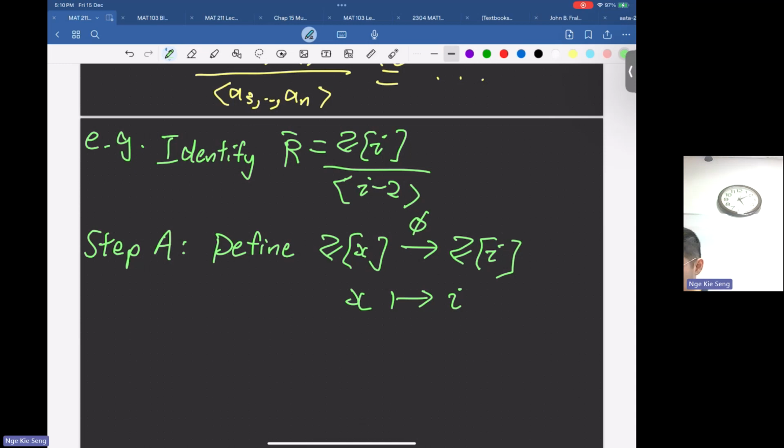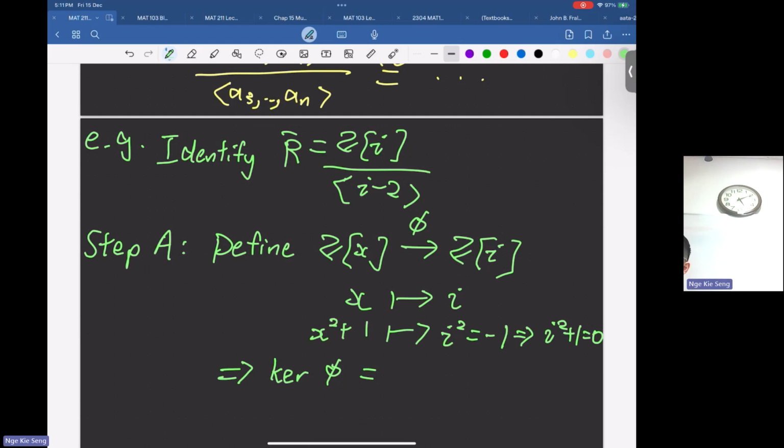What's the kernel here? What does i have to satisfy? x squared equals -1. So what's the kernel? i squared equals -1, meaning i squared plus 1 equals 0. So x squared plus 1 gets sent to zero.